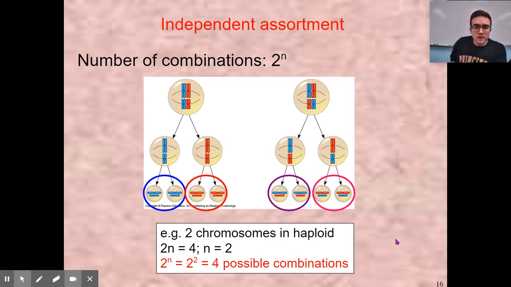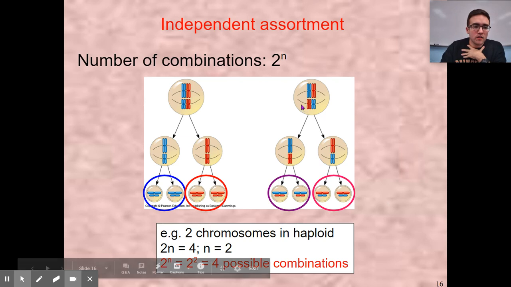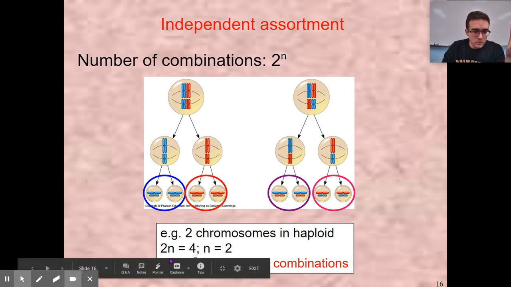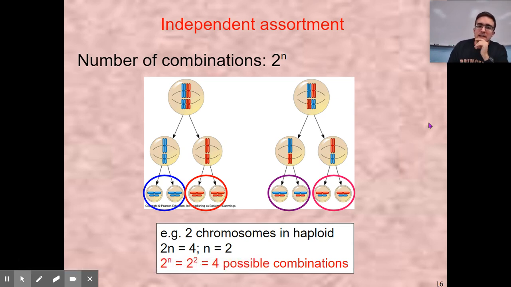Well, for the number of combinations, the formula is 2 raised to the power n, with n still being the number of chromosomes. In this example we only have 2 chromosomes, chromosome 1 and chromosome 2, so 2 raised to the second power is 4. So we have 4 possible combinations.